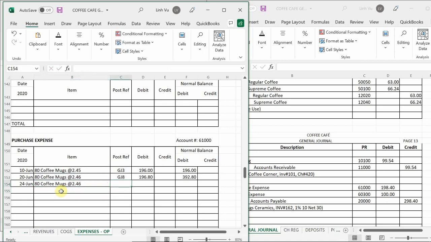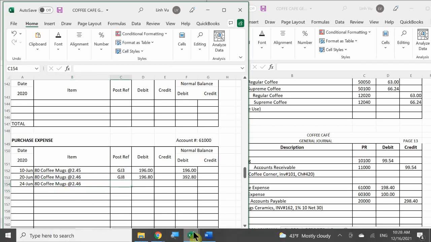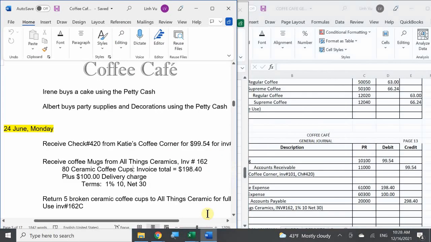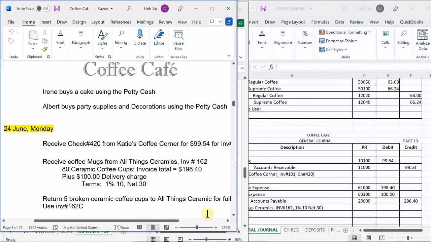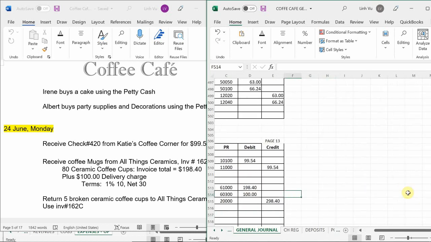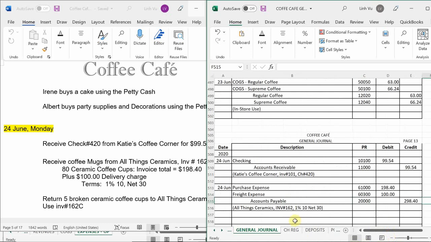Another 80 mugs. But this time it is at what cost per item? 220 each. It's going to be 248.